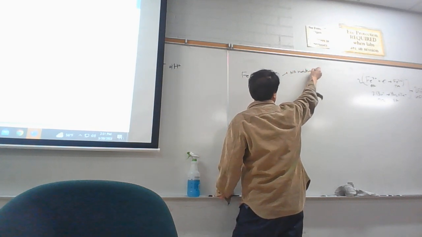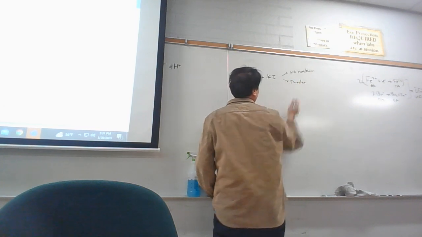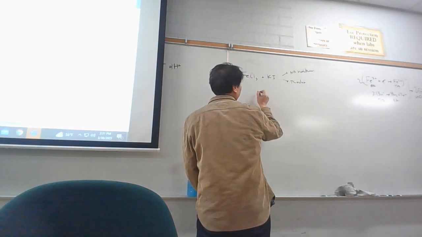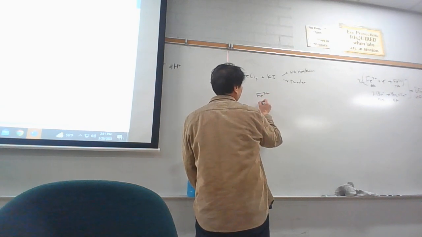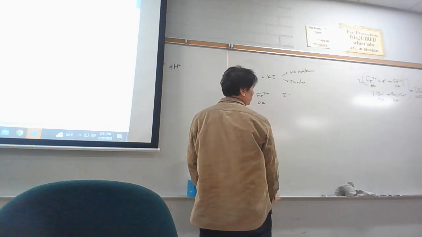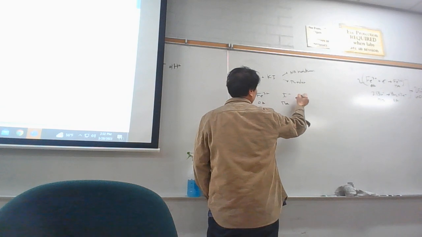And these are neither Bronsted acids or bases, so we're going to look at redox. And basically, it's going to be the same kind of pattern here. In this case, we're going to have iron 3. This is going to be our strongest oxidizer. And iodide. Iodide is an even better reducer than bromide. It's bigger. And so this is going to be our reducing agent, etc.